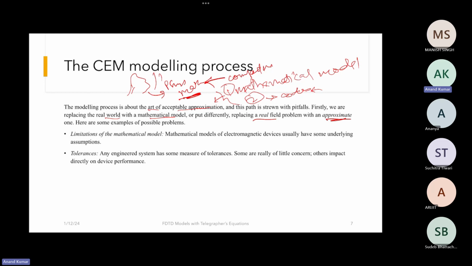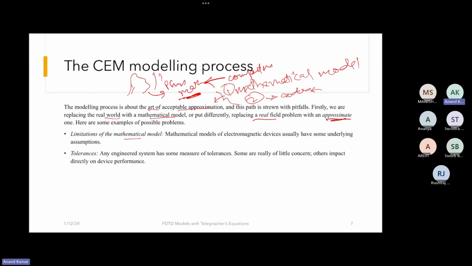First is the limitation of the mathematical model. While modeling a physical phenomenon, for example the mathematical models of these electromagnetic devices, they have underlying assumptions. For example, we'll consider air or vacuum at places.